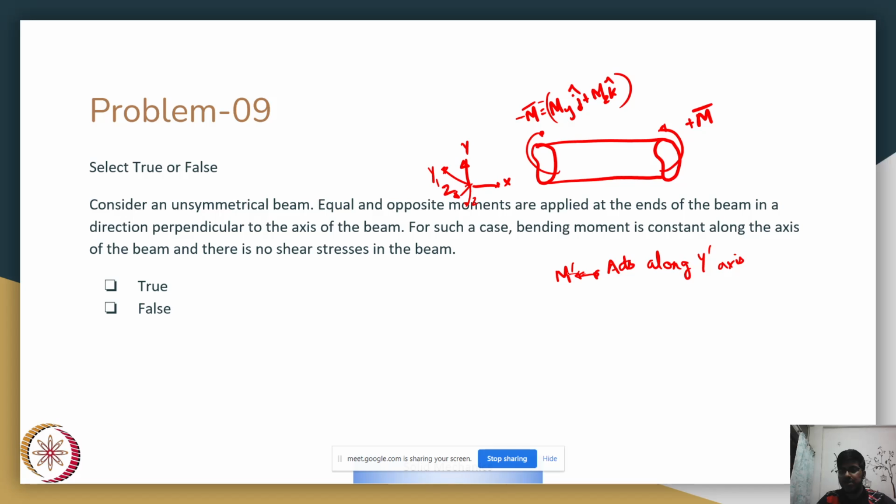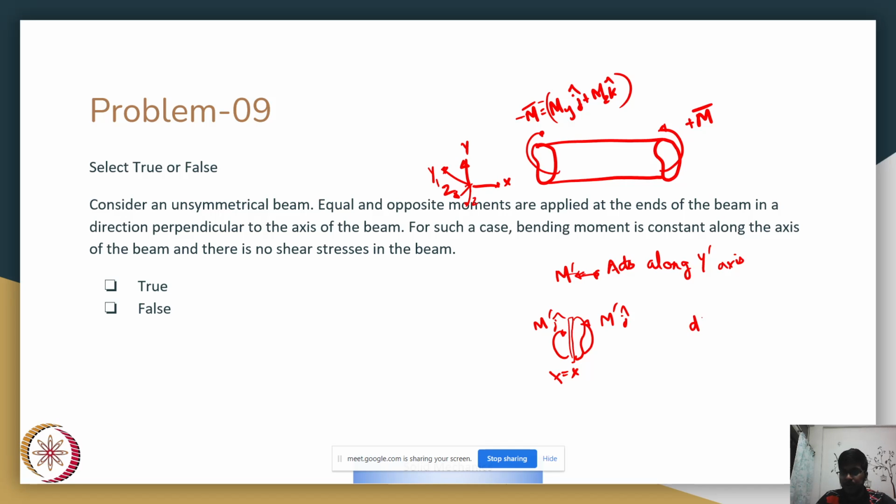Since your moment is arbitrary, we can figure out this M dash, and if we do an analysis of a small cross section, even if it's asymmetric, you can figure out that the applied moments would still be M dash. Because of force balance, at any point x, your applied moment should still be equal to M dash j hat.